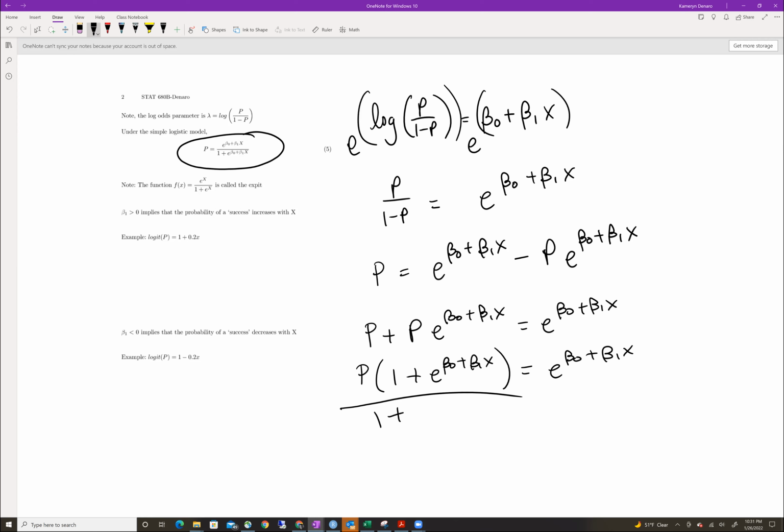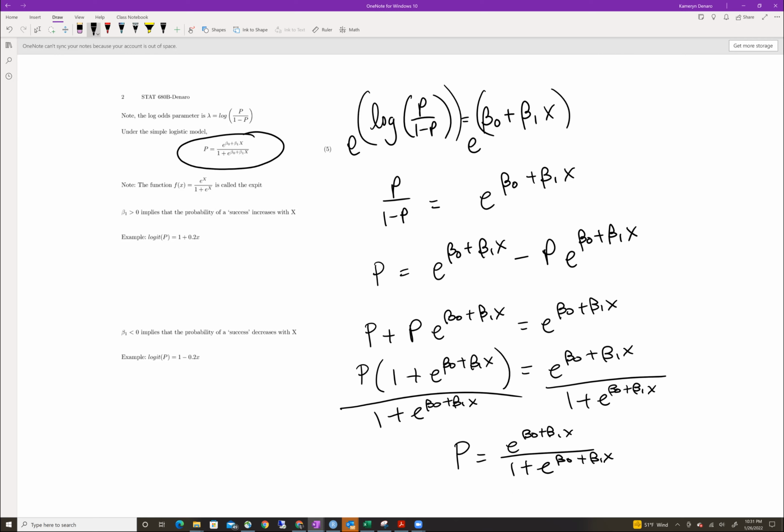Divide each side by 1 plus e to the beta 0 plus beta 1x, and we are left with exactly what we thought: p is equal to e to the beta 0 plus beta 1x over 1 plus e to the beta 0 plus beta 1x. Great, that's exactly what we thought it would be.